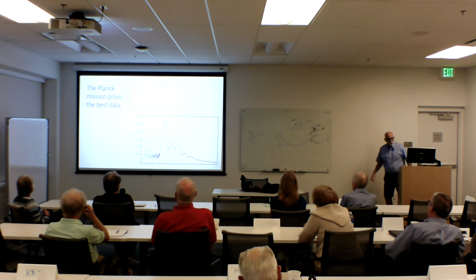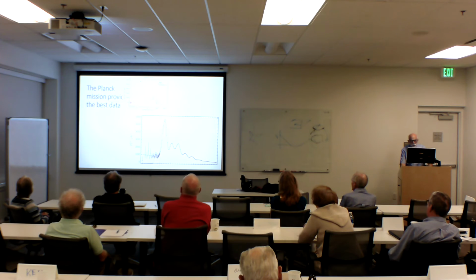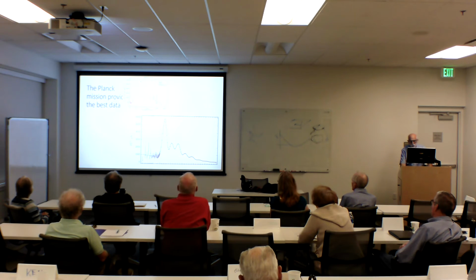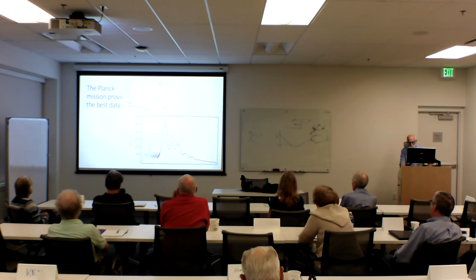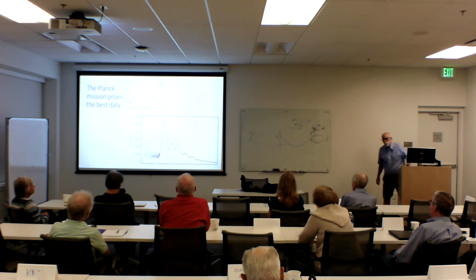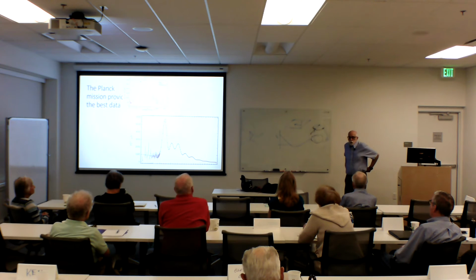So there's our picture now. This is what we get from Planck. All this confusion here, these error bars, look at this. This curve is a nice depiction of what's going on out there in the distribution of temperature from the early universe.